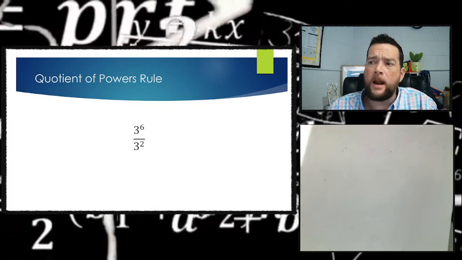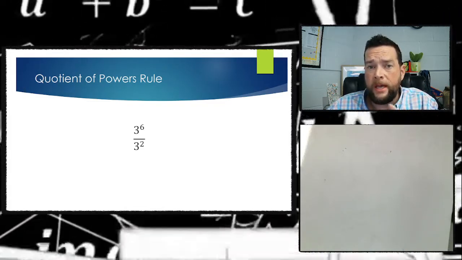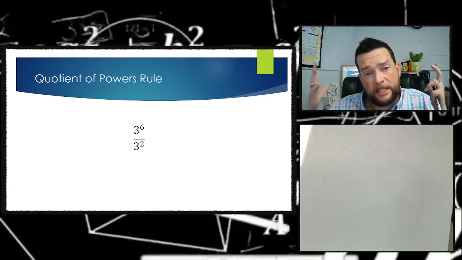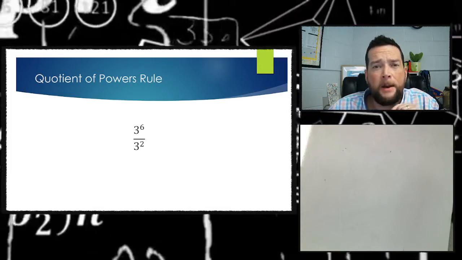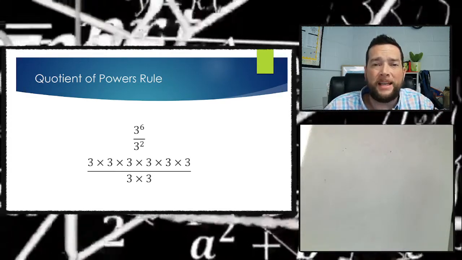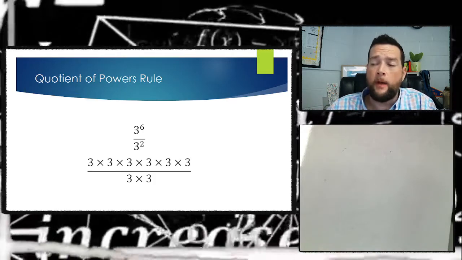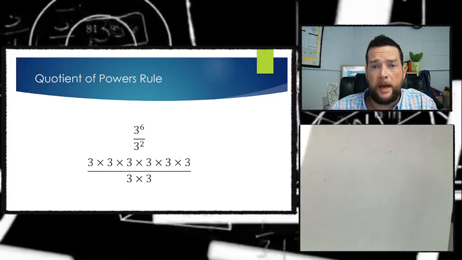Just like with the product of powers rule, if all else fails, you should represent your expression in expanded form. So right here I have 3 to the power of 6 divided by 3 to the power of 2. I can represent that in expanded form like this. On the top, the numerator, I've got 6 3's multiplied by each other.